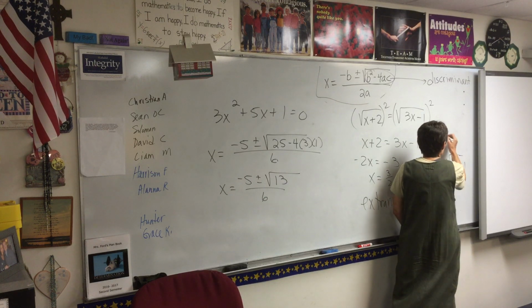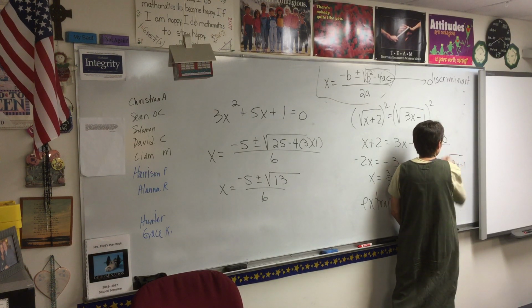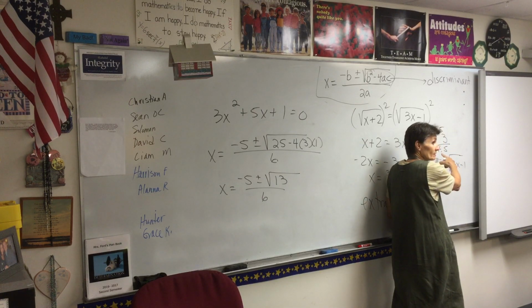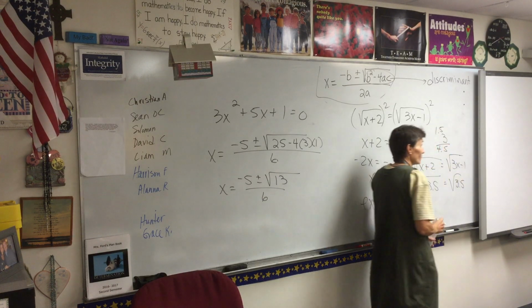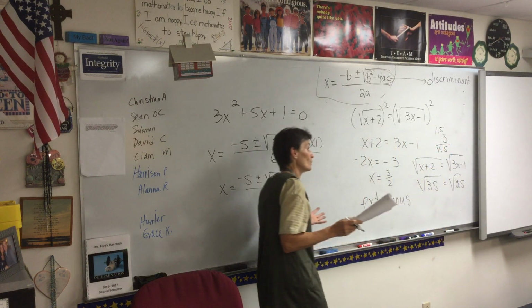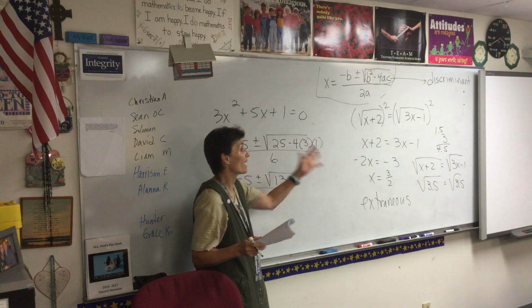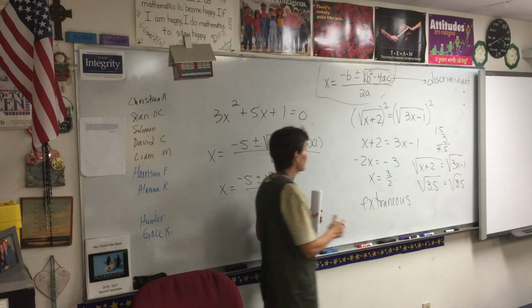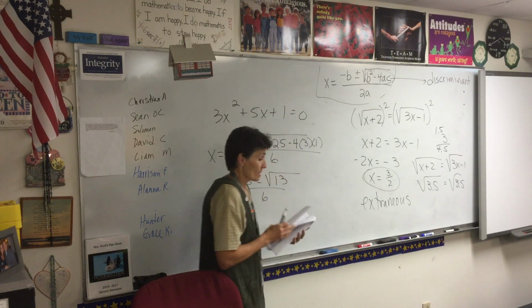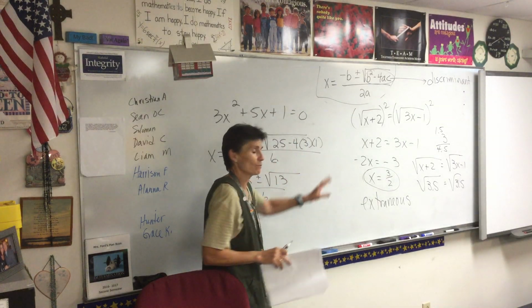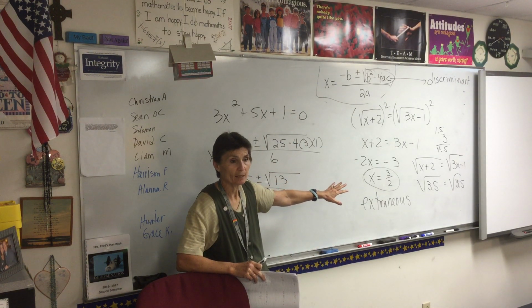This is 3 times 3/2, which is 4.5, minus 1, 3.5. I don't care what the square root of 3.5 is. I just care that that's what I got on both sides. So that means this is my answer. Now, a lot of times kids say, Miss Ford, that's too confusing, I don't want to check.